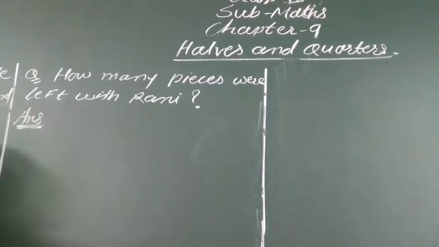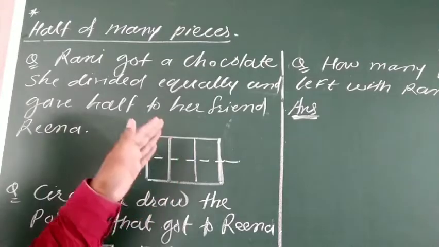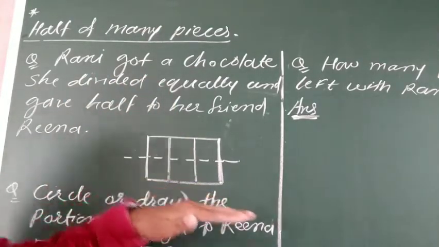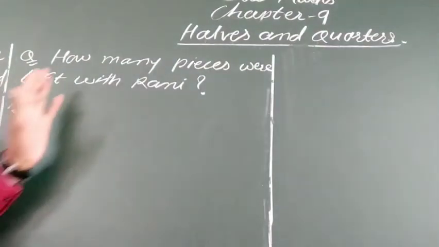See, this is the whole chocolate here. Out of this whole chocolate, half was given to Reena. So definitely half of the chocolate will be left with Rani. Then if half is left with Rani, now we have to count how many pieces of that chocolate are left with Rani.